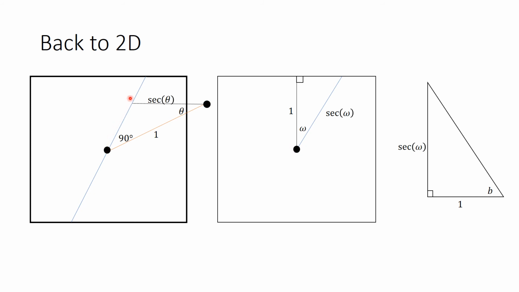So this segment right here, which is exactly half of the blue trajectory segment for this face, is this blue segment over here. So this secant of omega is this blue segment. This one is actually representing the orange one, and the b is just the largest value of theta. So it's the upper bound for the integral.